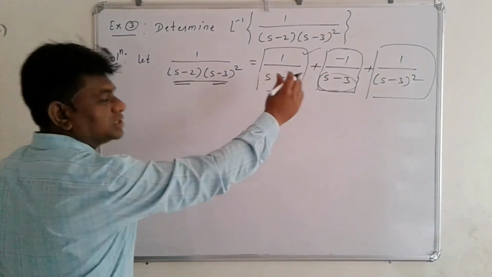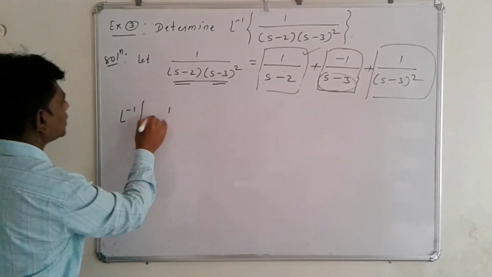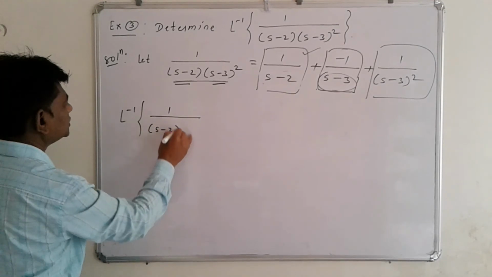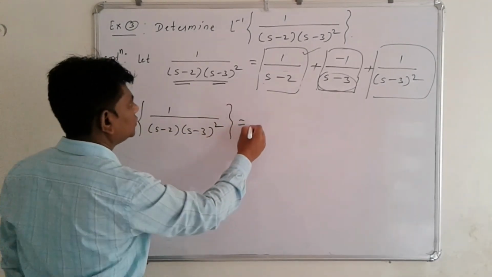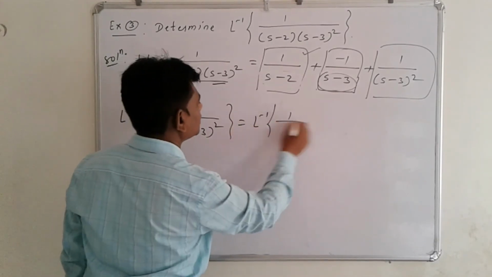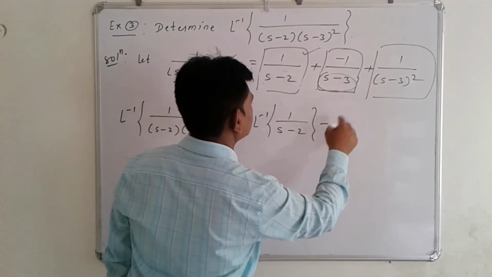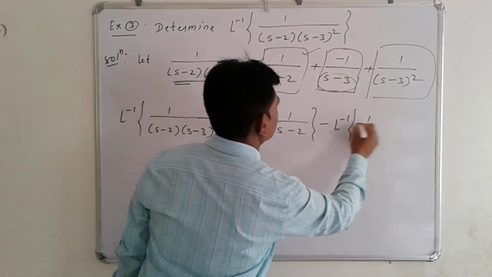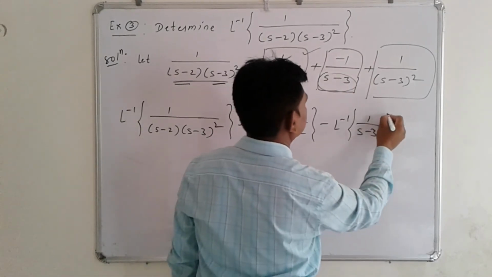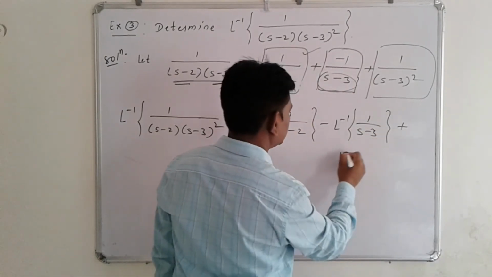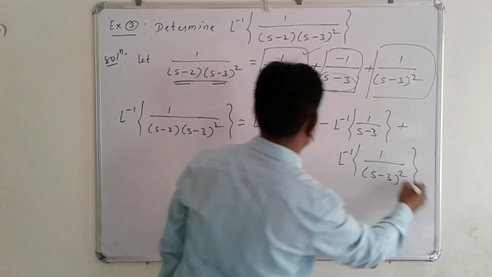Now by using inverse Laplace transform on both sides, the inverse of 1 upon (s minus 2)(s minus 3) whole square is equal to the inverse of 1 upon s minus 2, minus the inverse of 1 upon s minus 3, plus the inverse of 1 upon (s minus 3) whole square.